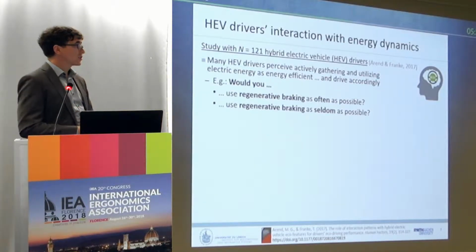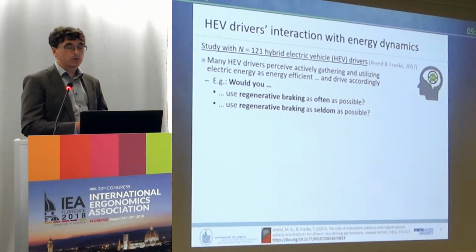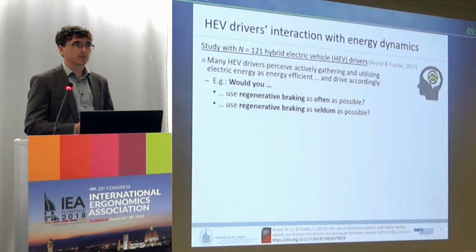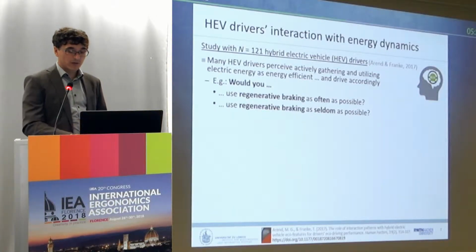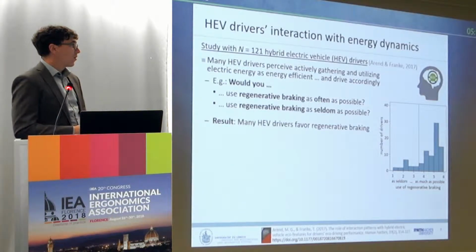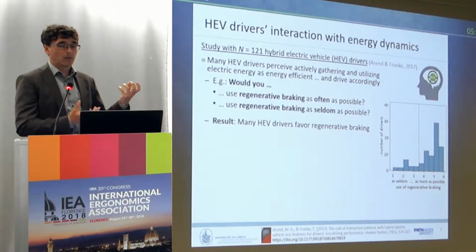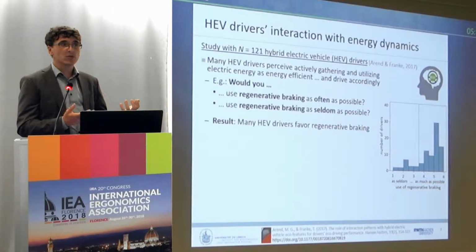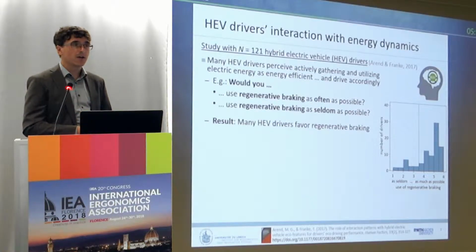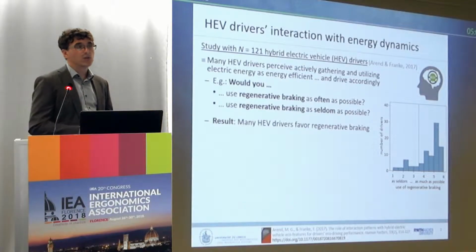For example, question: would you use regenerative braking as often as possible, or would you rather try to use regenerative braking as seldom as possible? Many drivers in our sample favored regenerative braking. But the interesting thing is when we correlated this with actual fuel efficiency or energy efficiency data, this tendency was actually related to a less fuel efficient strategy.